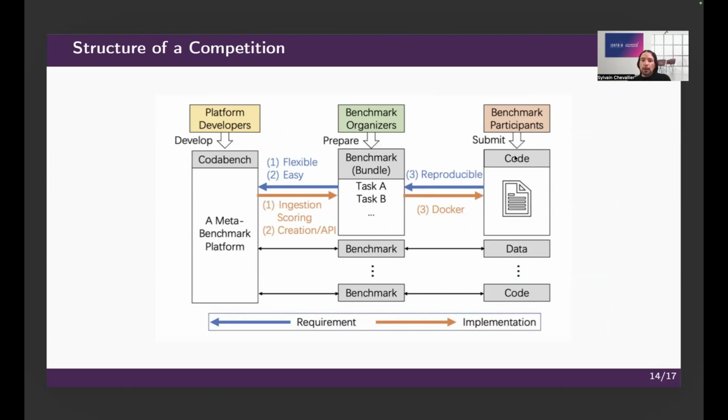For participants, they could submit code or they could submit data. That way, it's possible to easily verify that your code is reproducible. And it's also possible to ask the user to provide code that could be embedded in a Docker, so in that way, you could have fully reproducible code.